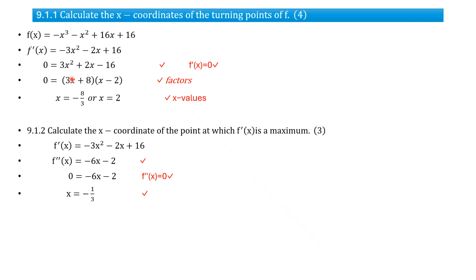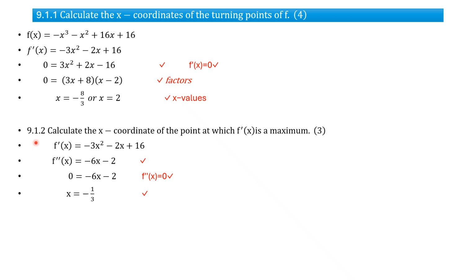But negative 2 times 3 gives me negative 6. 8 minus 6 would give me positive 2. So x equals minus 8 over 3, or x equals 2. So another mark for factors and 1 mark for the x values. If they asked for the y coordinates as well, these two must go back in the original equation.